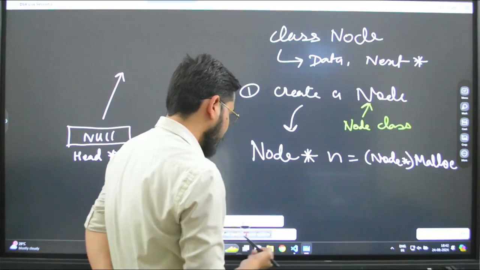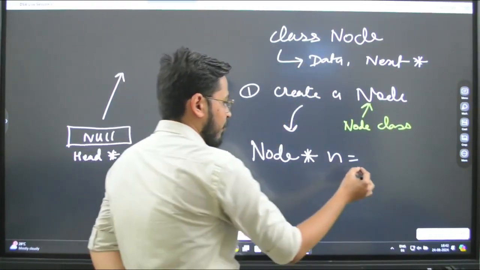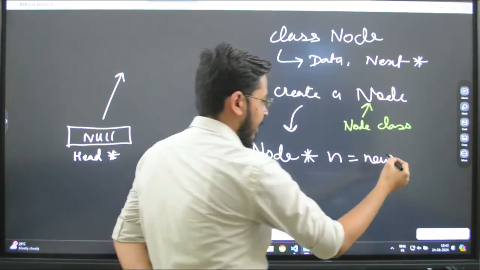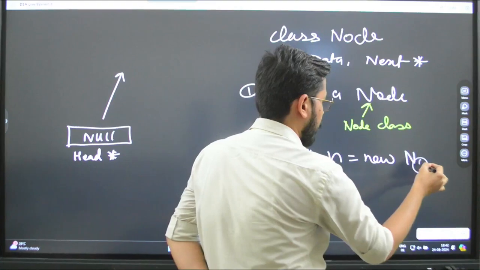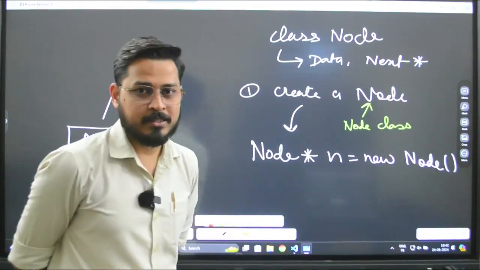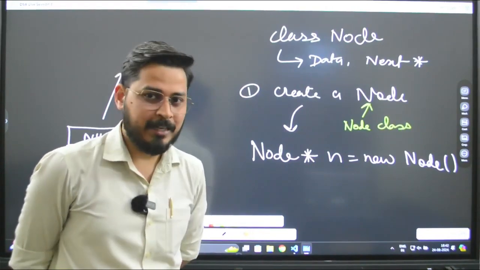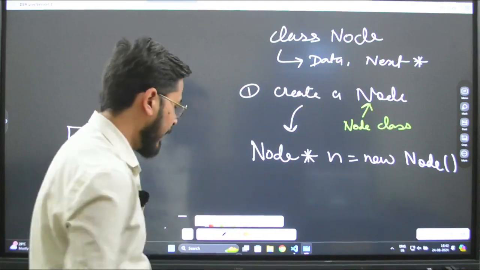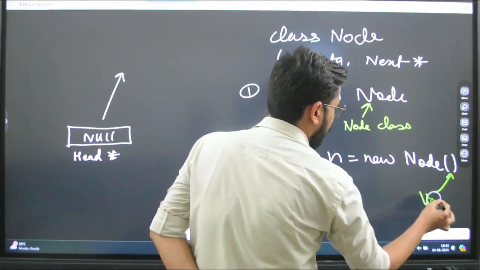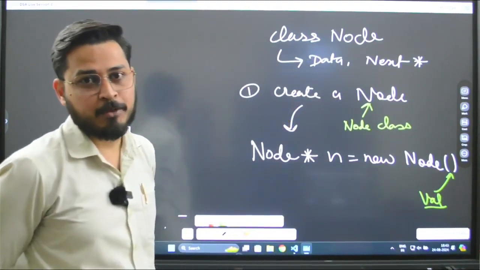So rather than using this, I can just say equals new and explicitly call the constructor node like this. I hope this is very much clear. In the constructor I will pass the value for the data attribute.